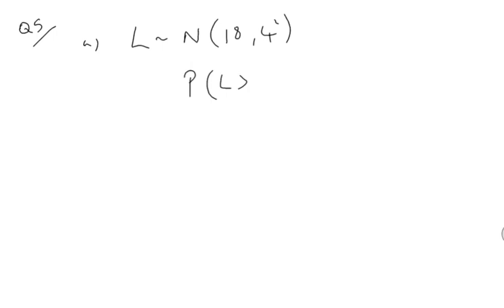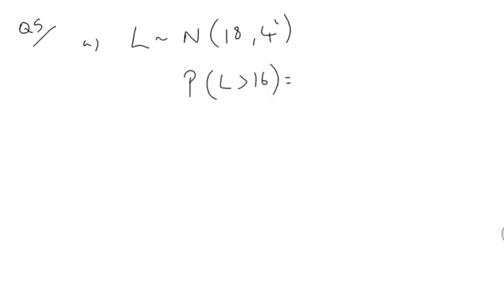All right, so now we move on to question 5. And we start with part A. L is the hours of the battery. So L is normally distributed, 18, 4 squared. And we want to know the probability that L is greater than 16.